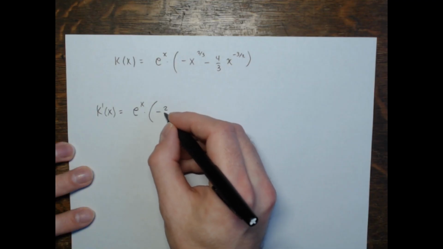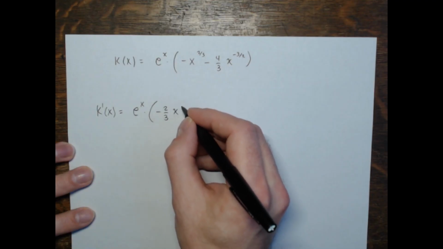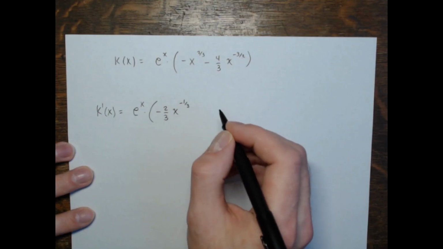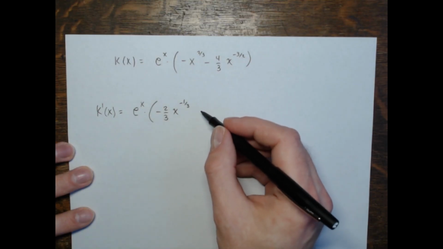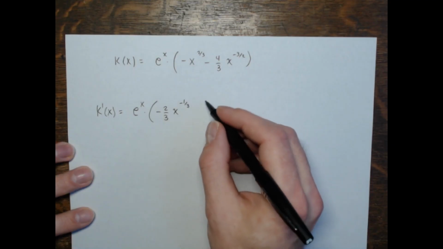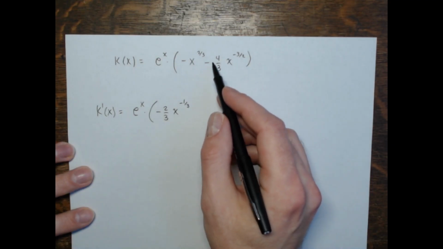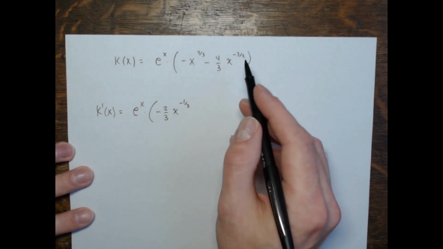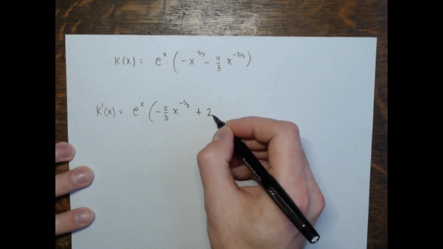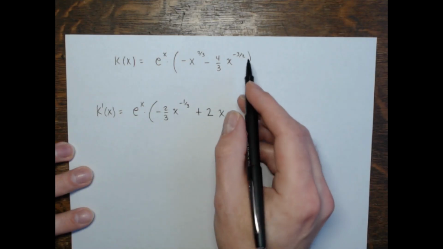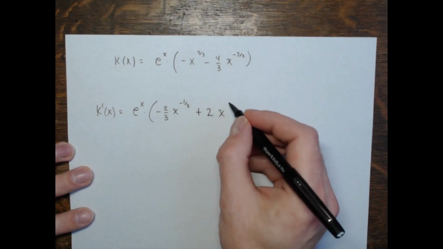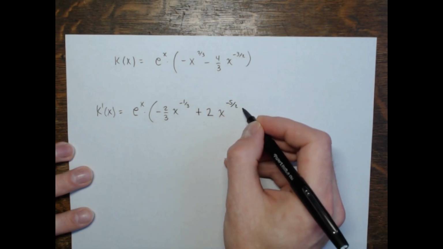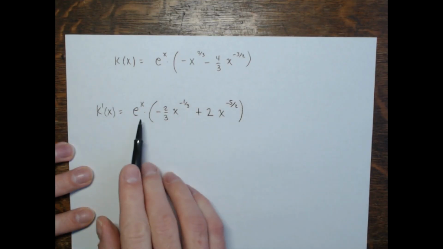So it'll be negative 2/3 times x to the negative 1/3, right? 2/3 minus 1, 2/3 minus 3/3. And then the power rule here would be positive 2, right? 12/6, so plus 2 times x to the negative 3/2 minus 1, which is negative 5/2, negative 3/2 minus 2/2.